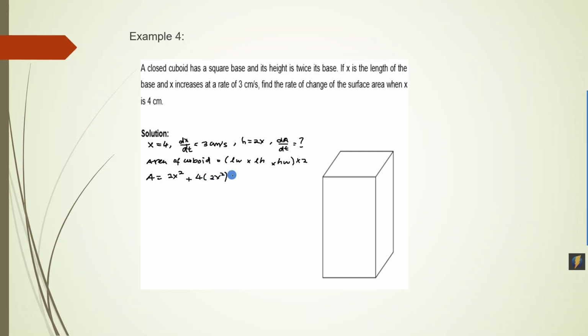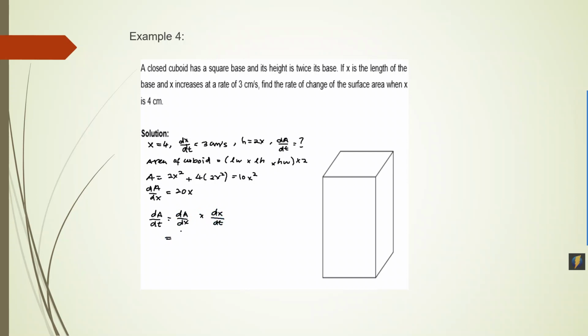Okay, so we have 10x squared. Okay, so dA over dx equals 20x. Okay, so dA over dt equals dA over dx times dx over dt.